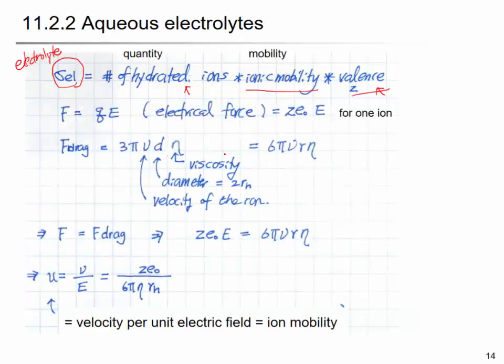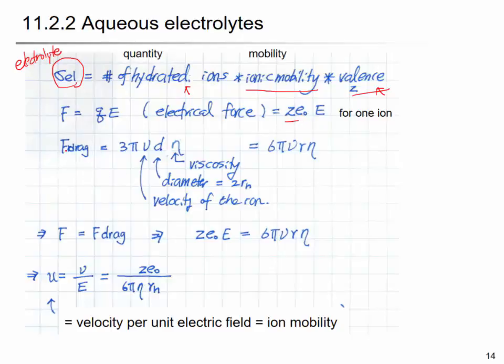Here is the equation that I just told you about with the previous slide, and the F is the electric force acting on the hydrated ion. So this is the Q, the charge, and the electric field, E. And for one ion, the charge is Z times the charge of the electron, e naught.